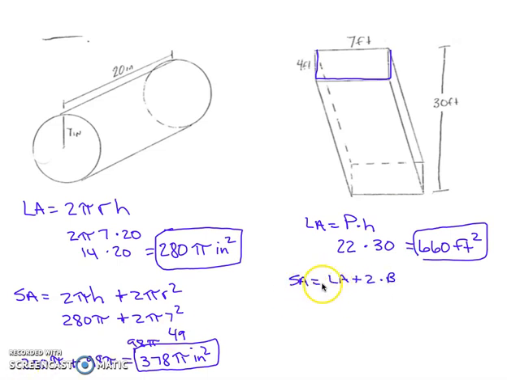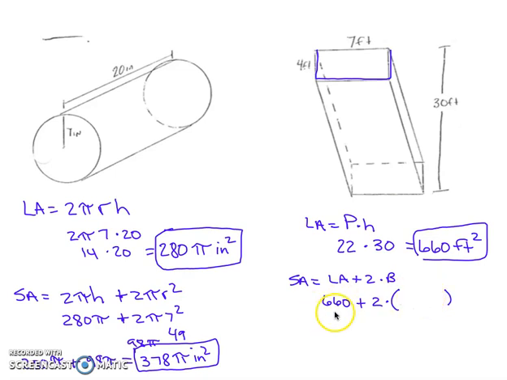Then to find surface area, you can look at the formula here. Your surface area is your lateral area, which we found to be 660, and we have to add that to 2 times capital B, which remember is the area of your base. In these parentheses is where you find the area of your base.